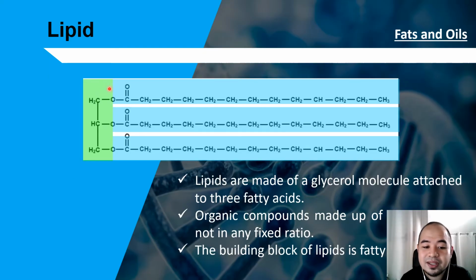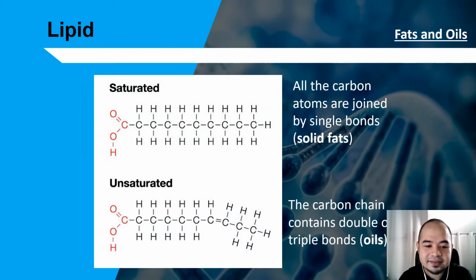How do you call the bond between the glycerol and the fatty acid? It's called the ester bond. The molecule is called a triglyceride, or according to some other references, triacylglyceride. Now, as you saw earlier, there are 3 fatty acids attached to the glycerol.